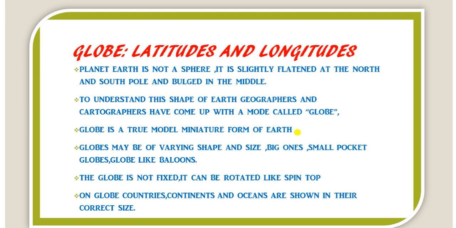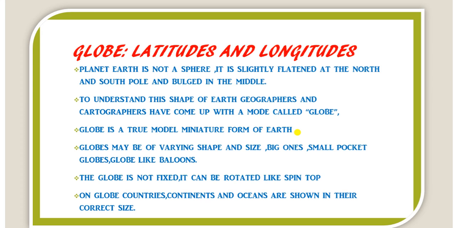As we know, planet Earth is not a sphere. It is slightly flattened at the north and south pole and bulged in the middle. As far as this structure of this earth is concerned, it is now called a geoid.